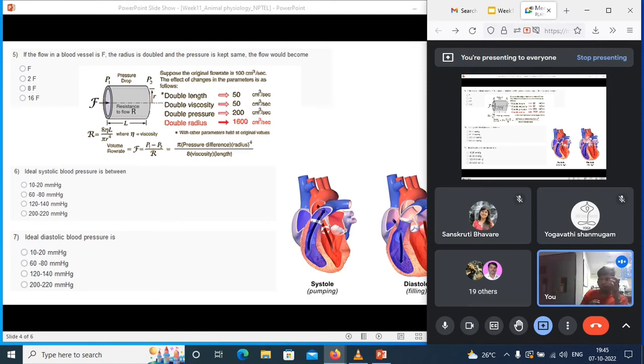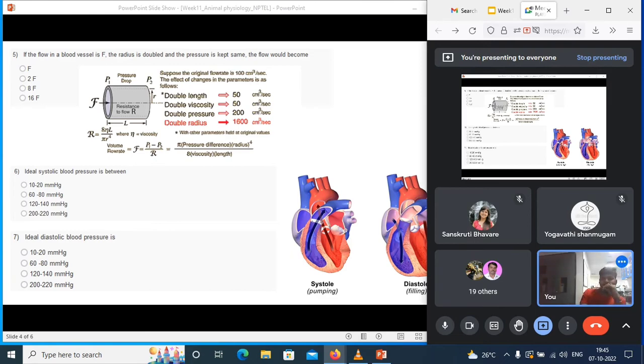This heartbeat is responsible for maintaining the cardiac cycle. Let me tell you generally that the heart rate is related to your pulse rate. So if it is 72, which is the average beats per minute, then one cardiac cycle will take 0.83 seconds, and within that time the entire cardiac cycle takes place, right?